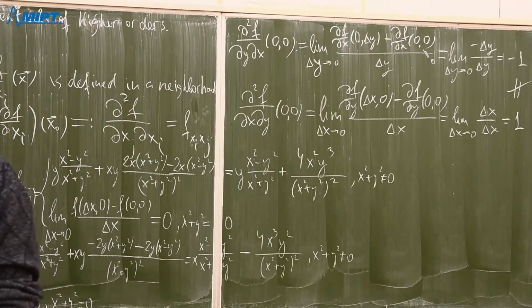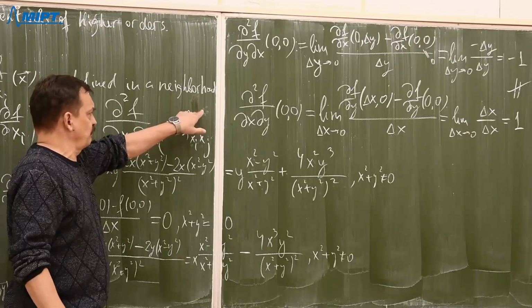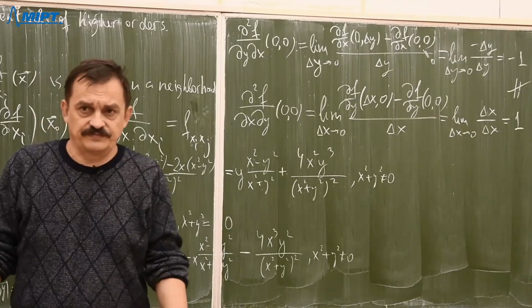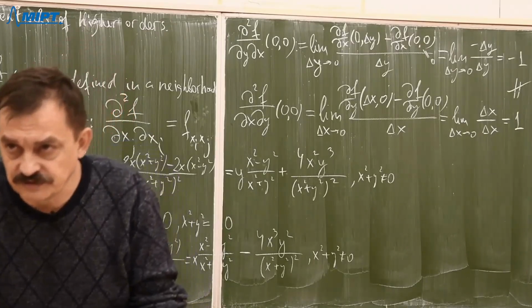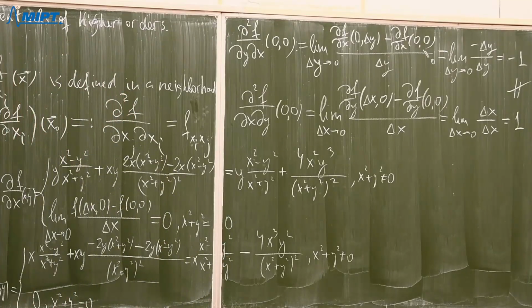It doesn't matter. Both possibilities are accepted. You can put a double prime here, it's no problem, but I prefer to write without it.